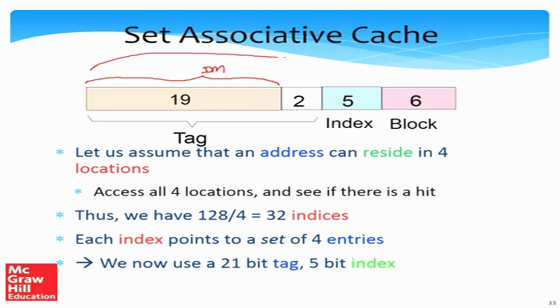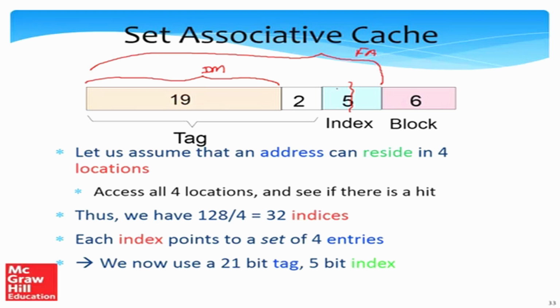In the case of a fully associative cache, the tag was 26 bits because we needed a larger tag. In the case of a set associative cache, the tag can vary between 26 and 19, the reason being that we allocate some of the bits for the set index, for finding out which set, and the remaining bits become part of the tag, because they are required to uniquely identify a block.